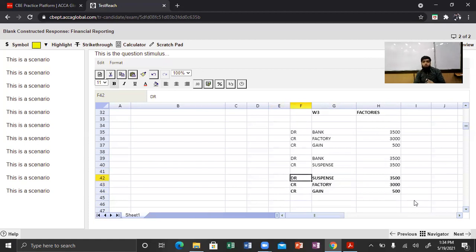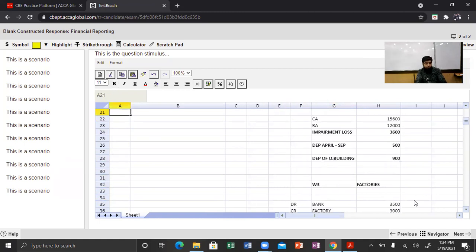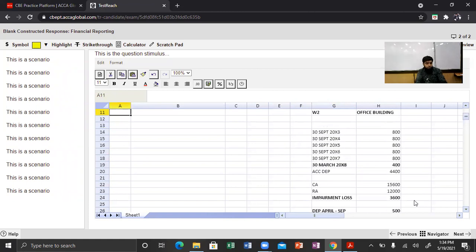But specifically, if you talk about the profit or the retained earnings side, what account will hit the retained earnings? Suspense account? No, it will be nullified once we prepare the adjusted trial balance or the financial statements. Number two, the factory would affect the balance sheet side definitely, and the gain should also be recorded, like we are recording the gain on disposal.